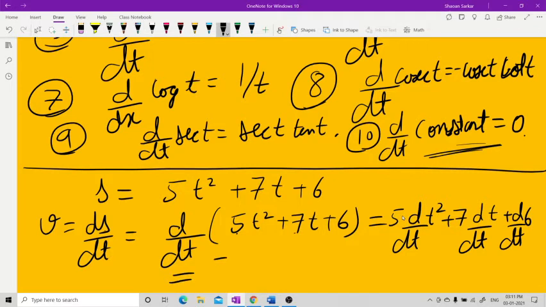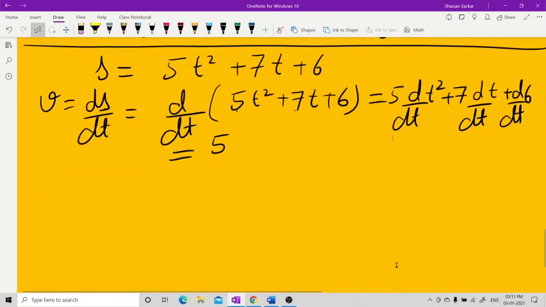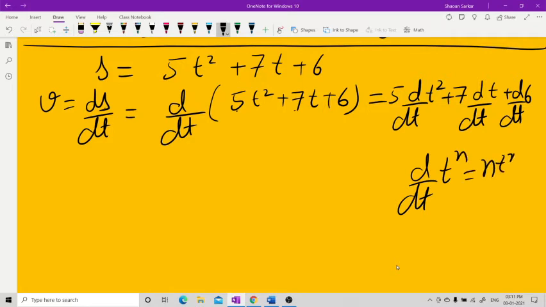Now we just did this formula: d by dt of t to the power of n is n t to the power of n minus 1. We will use this.